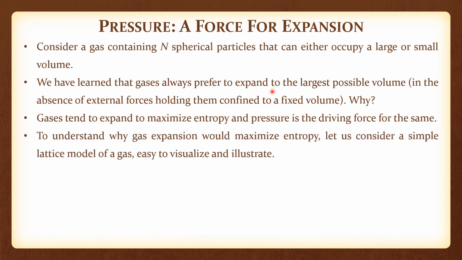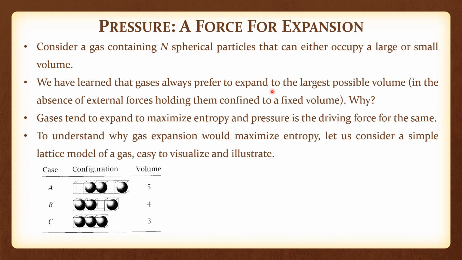For this, all right, let us consider a simple lattice model of a gas, which is easy to visualize and illustrate. This is also from Bell and Bromberg's Molecular Driving Forces. So I urge you to consult this book if you want to get a little bit more details. So here is a lattice model. There are three particular scenarios.